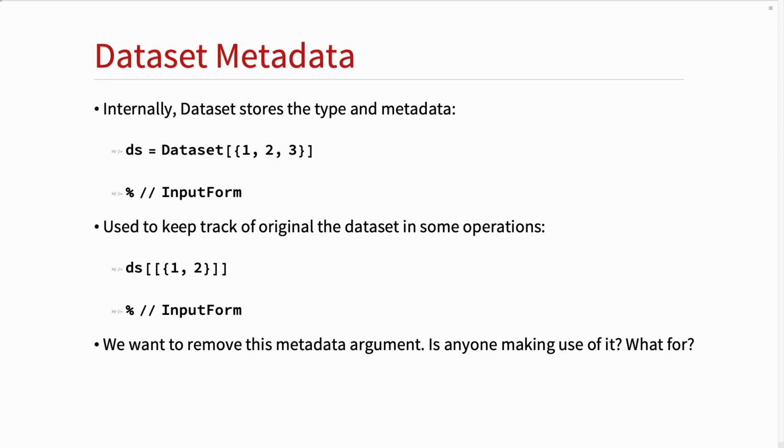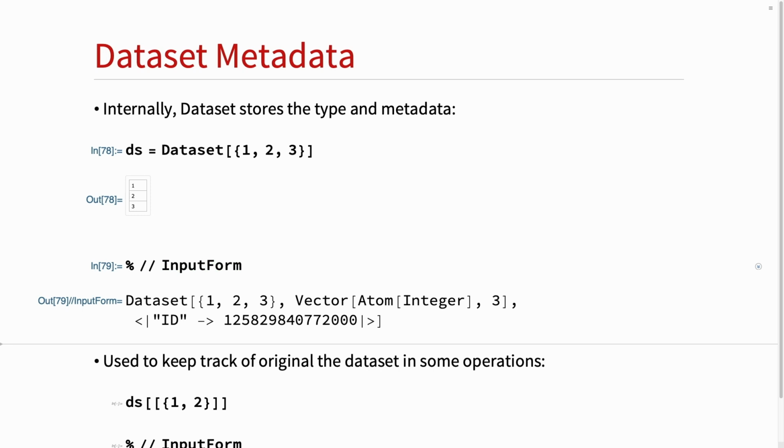And then the final thing I want to say is that we also want to remove something. Another thing that Dataset has always had is this metadata. So the output form of Dataset has the data, the type, and then some metadata.